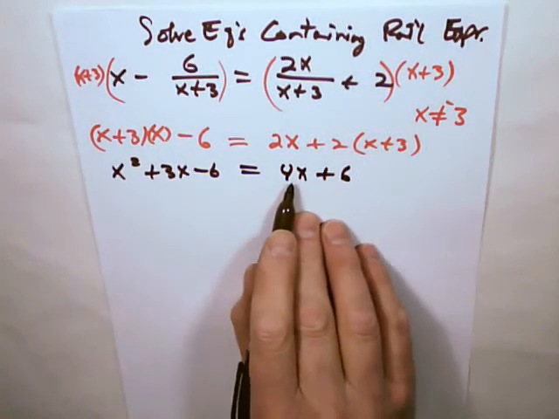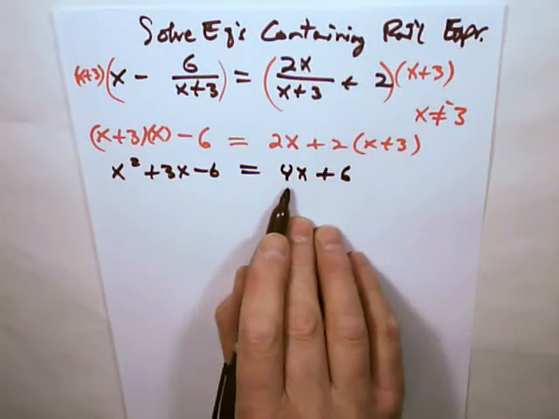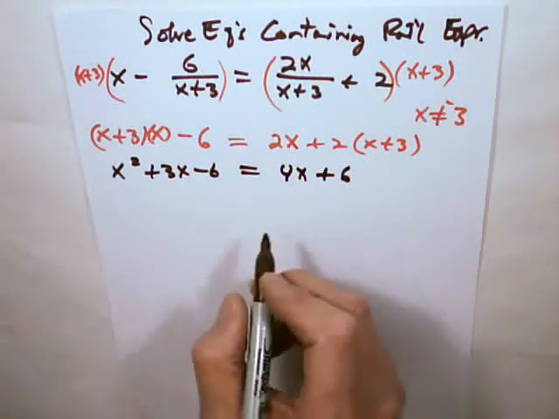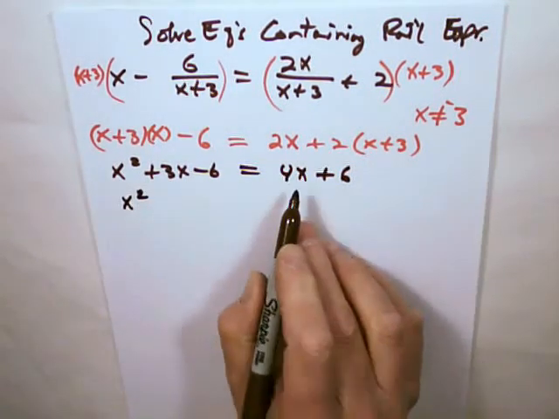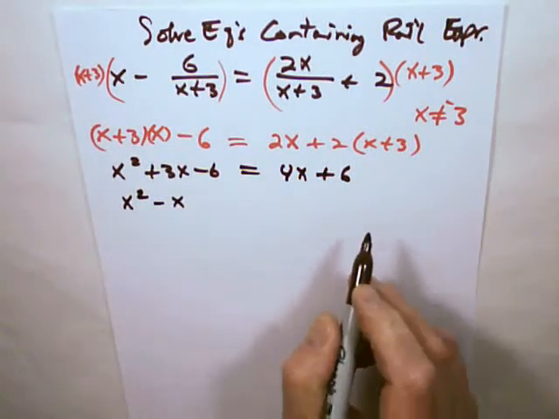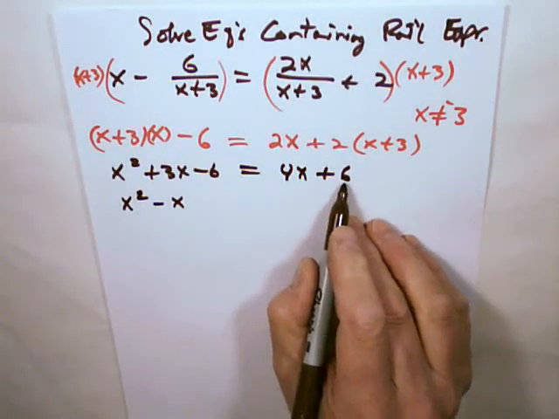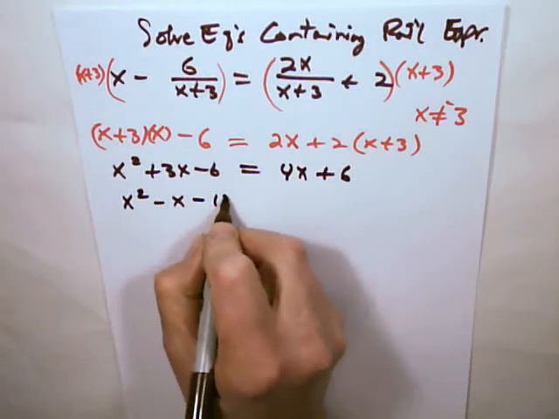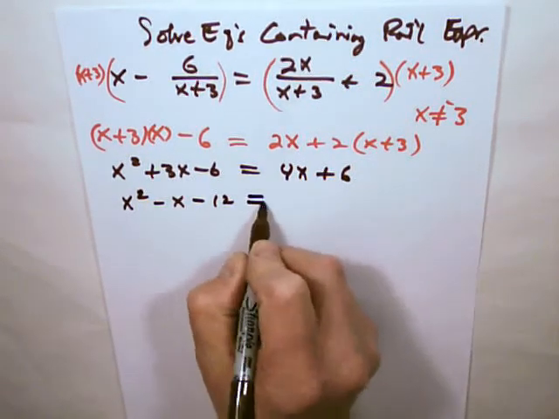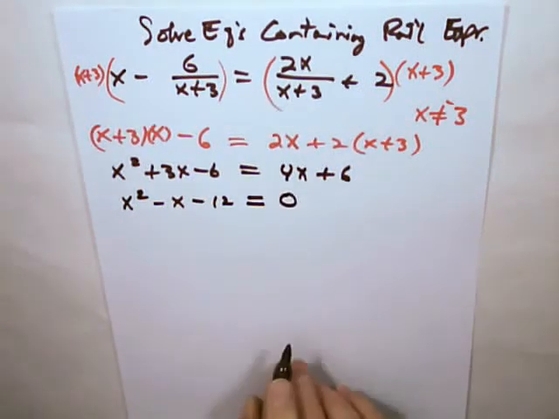I'm going to bring all of these terms over to the left-hand side, and let's see what happens with that. I'm going to have an x squared, subtracting a 4x, so the net effect is going to be negative x, and I'm going to be subtracting a 6 from both sides, so again what I'm going to have left over on the left is that, and that whole thing is going to equal 0.